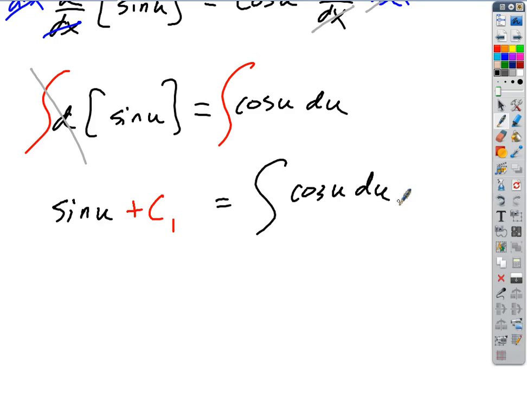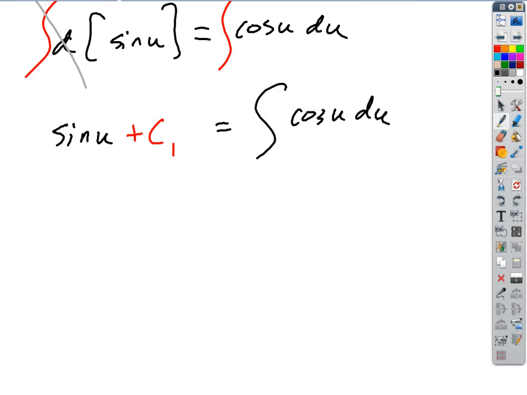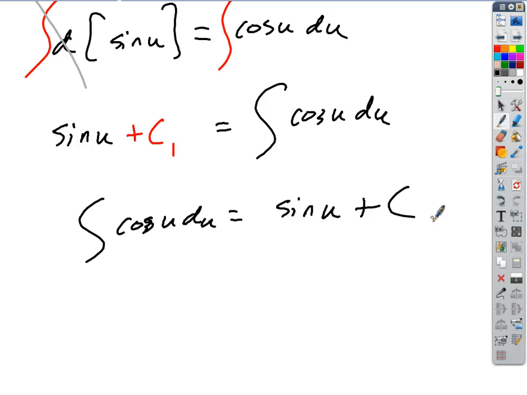Now we just turn that around and that's our formula. So the integral of cosine u du equals sine u plus c. We don't need the c1, we'll call it c.